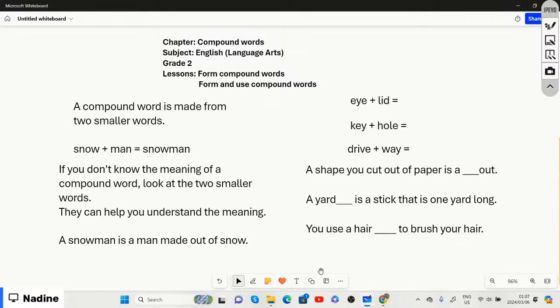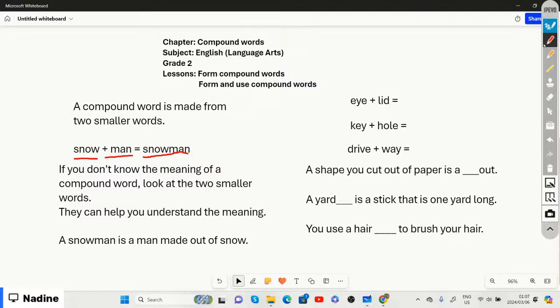We have an example where we say snow plus man. Snow plus man are our two smaller words. If we put those two words together, we have snowman.